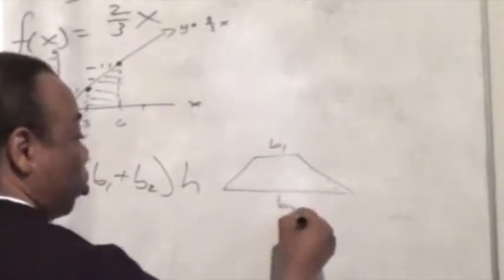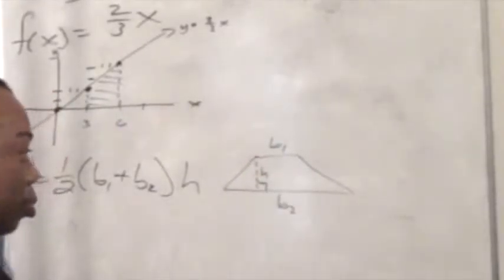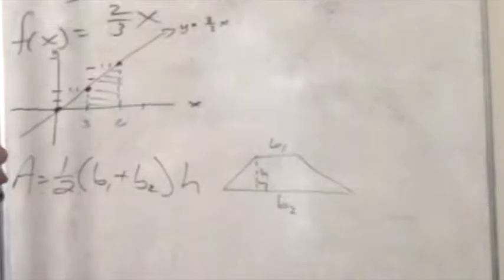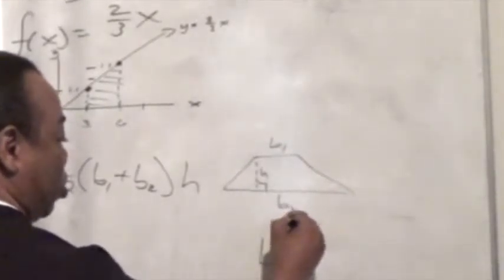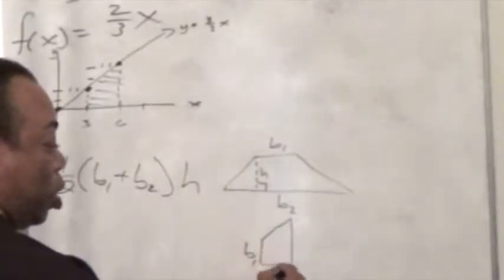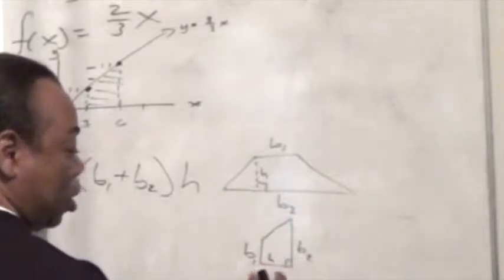There's your base 1, there's your base 2, and there's your height. This trapezoid has this look, where the base 1 is over here, the base 2 is over there, and the height is from here to here.